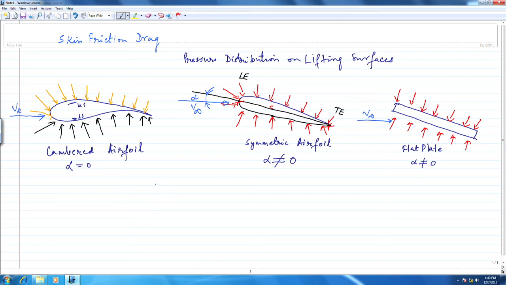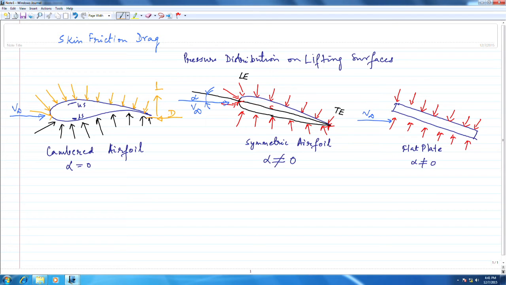So in this particular case, for this cambered airfoil, my lift direction is this, this is going to be lift, and this is going to be drag. The drag direction always acts opposite to the free stream.